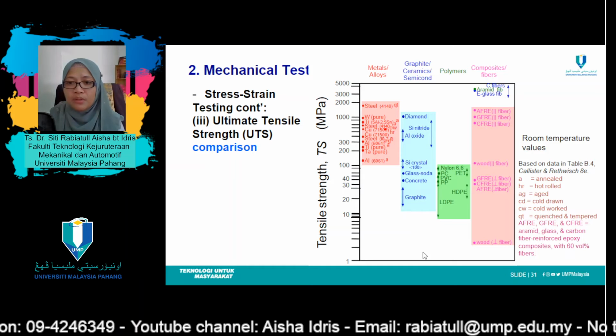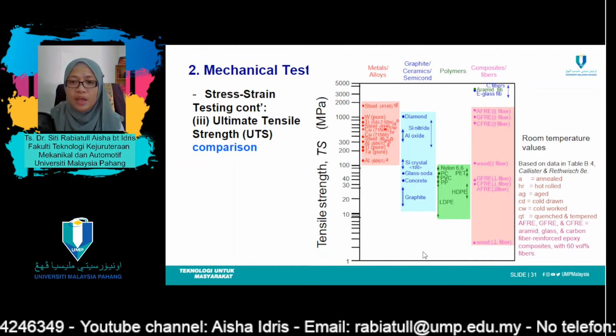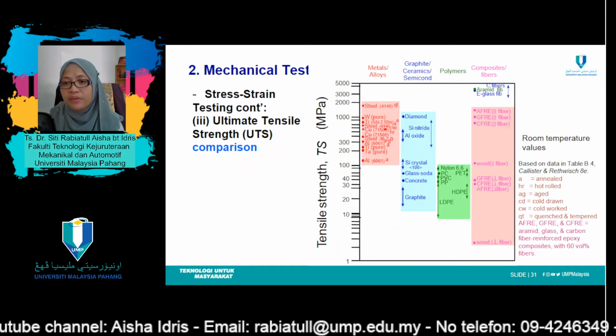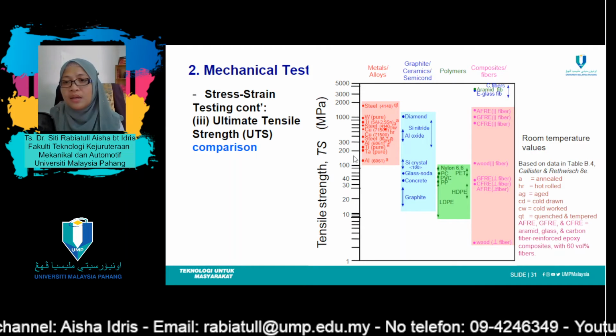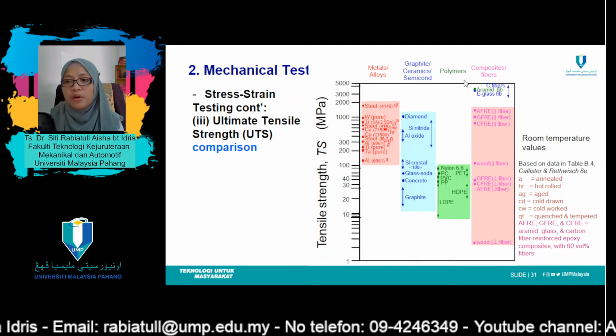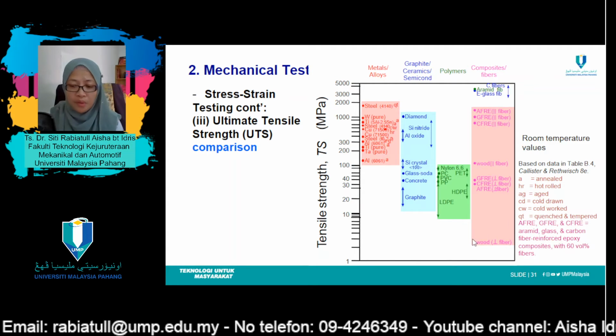This graph shows a comparison of tensile strength for different types of materials. So you can see the values for metal alloy, graphite, polymers, composite, and so on and so forth.